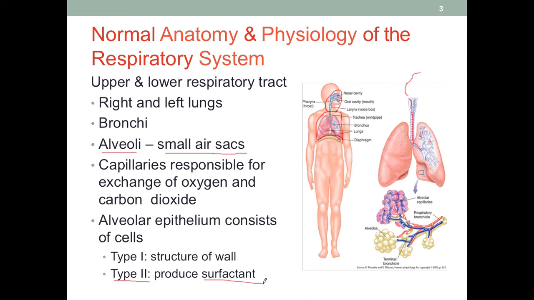Therefore, it can be very challenging for newborns who are born prematurely to have normal respiratory function. This is why a lot of premature babies receive respiratory support. It allows them time for their lungs to be able to produce an adequate amount of surfactant so that their lungs can function properly.